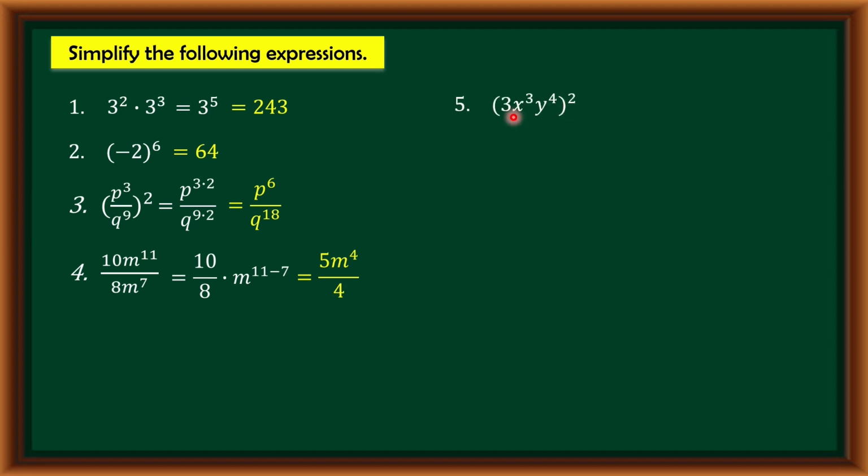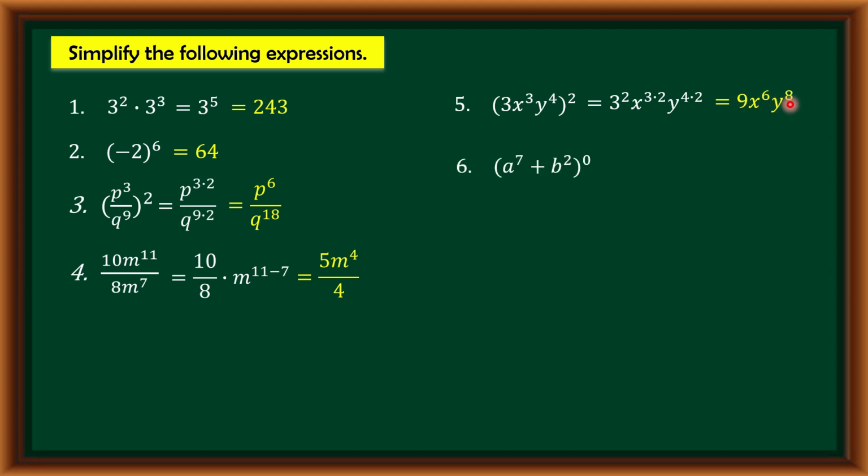Let's add number 5. Quantity 3x cubed, y raised to 4, raised to 2. In this case, we will use the power of product rule. So let us distribute 2 to each expression inside the parentheses. So we have 3 squared, x raised to 3 times 2, y raised to 4 times 2, in which this one is equal to 9, x raised to 6, y raised to 8.